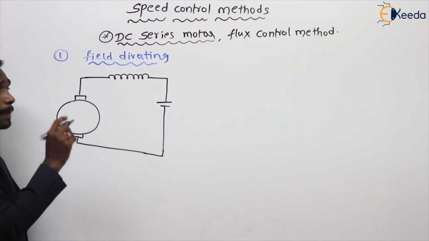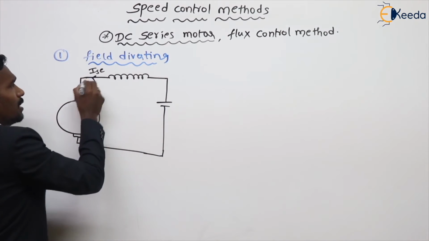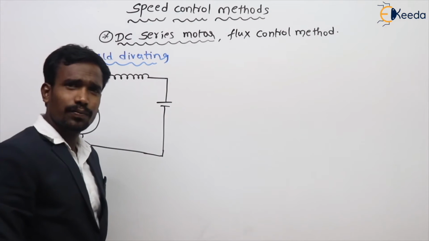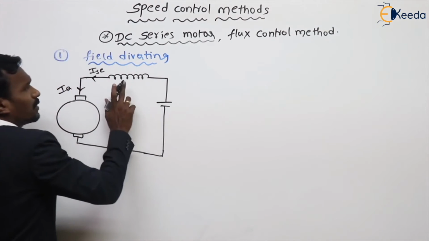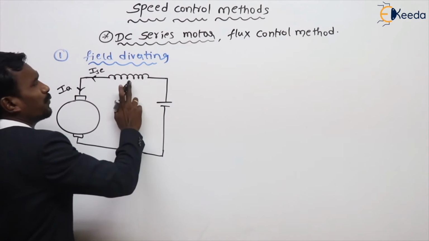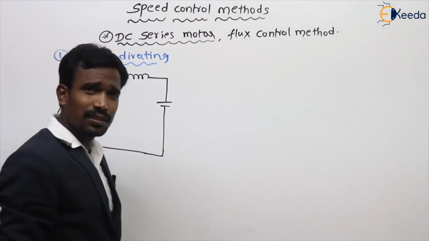Is it okay? Here the current is called ISE. Here the current is the armature current. Now I want to control the flux in this field winding, but it should not affect the armature current.